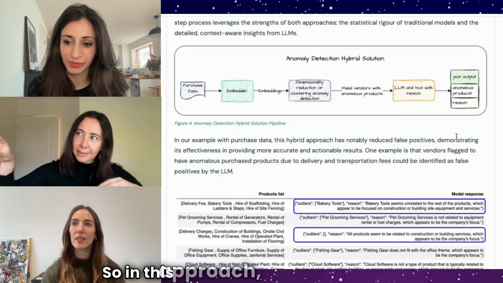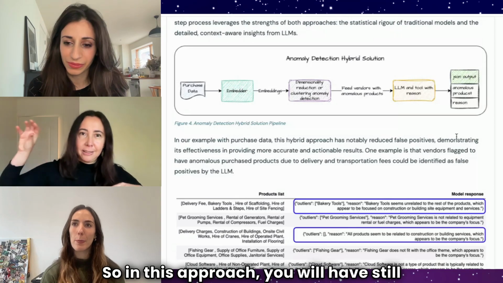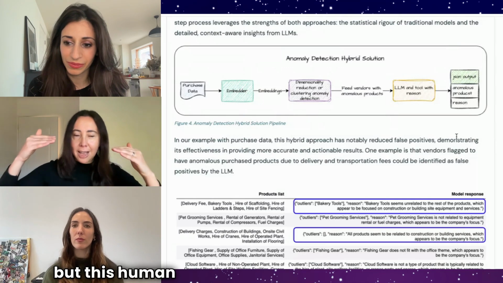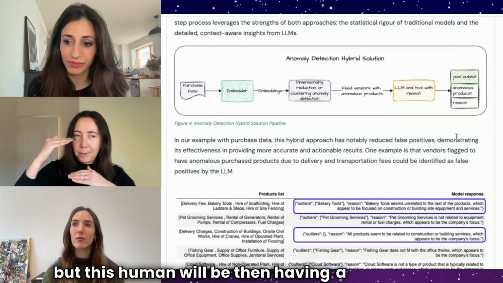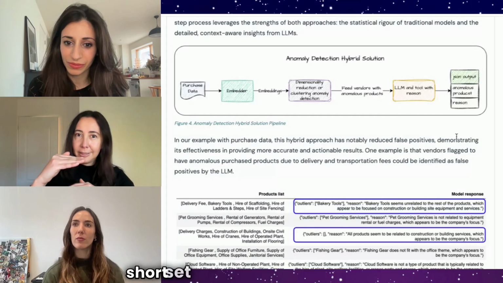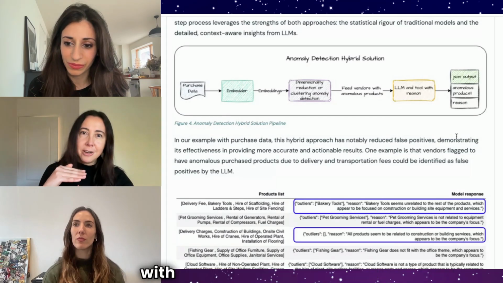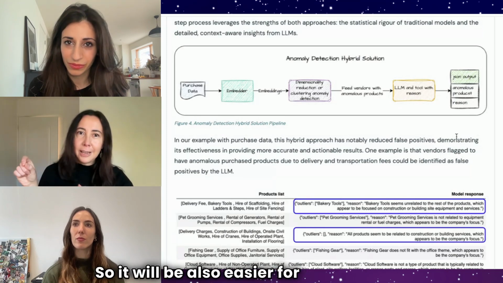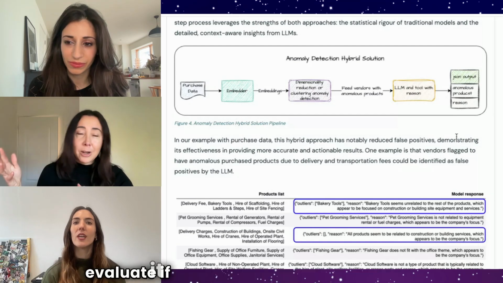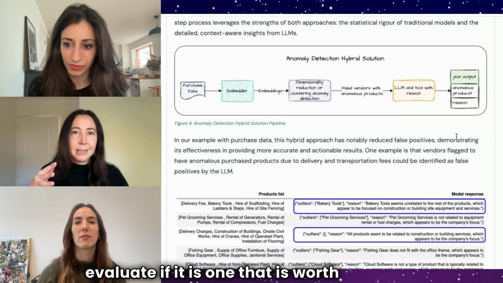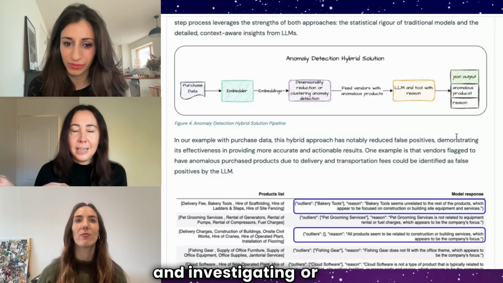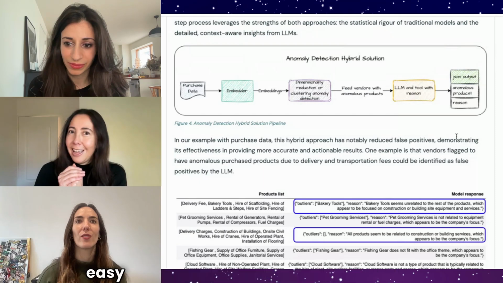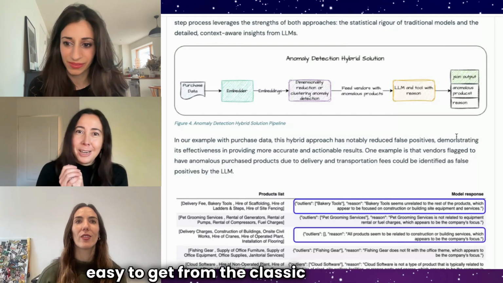In this approach, you will still have the human at the end of the loop, but this human will have a very specific, short set of reported anomalies with an explanation as well. So it will be easier for this expert to evaluate if it is one that is worth reporting and investigating or not. That's also something that is not easy to get from the classic ML approach.